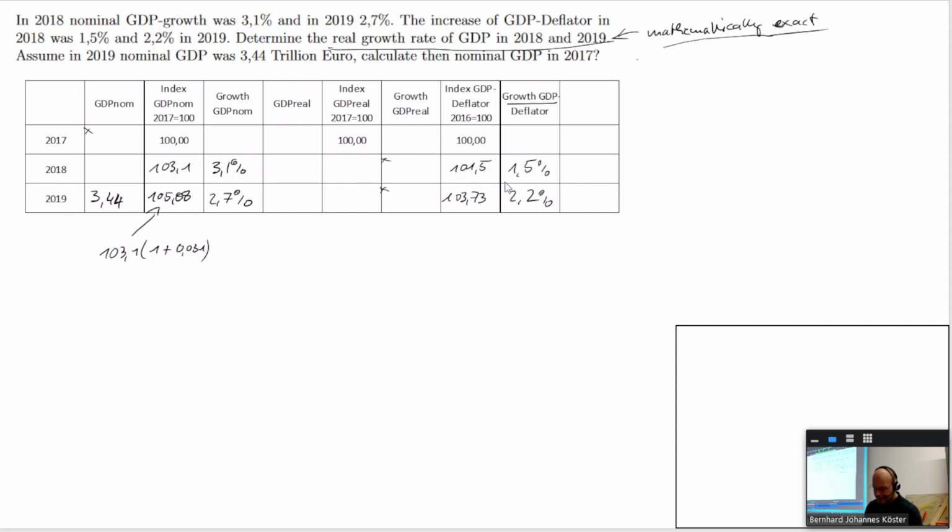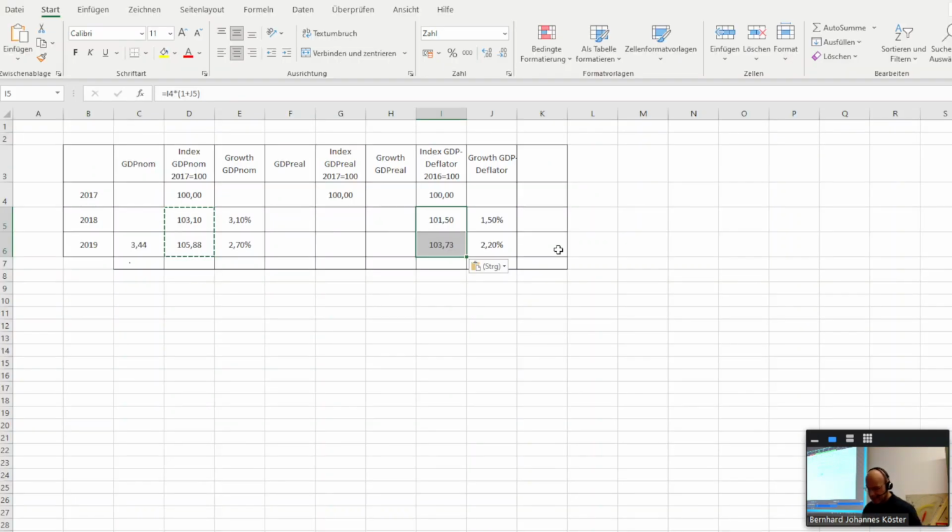Okay. So this one is 101.5 times 1.022. Yep. Here you have the formula.